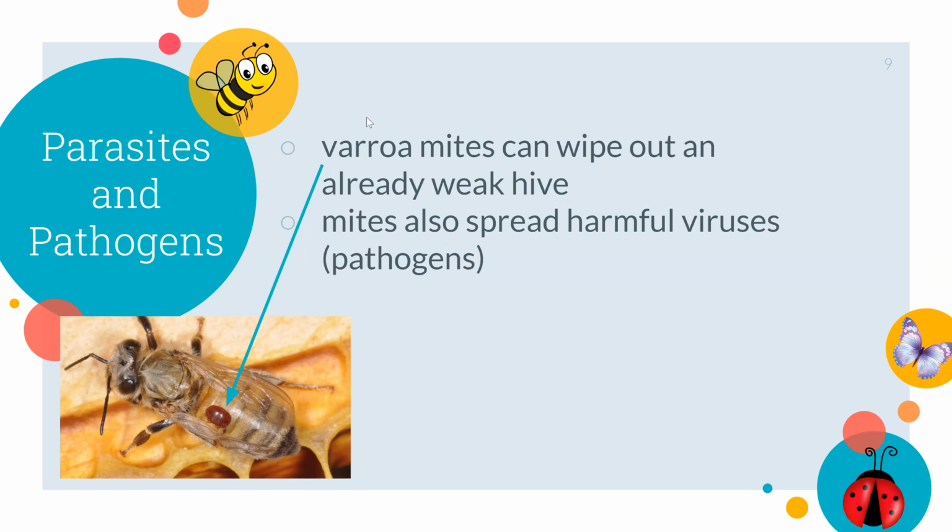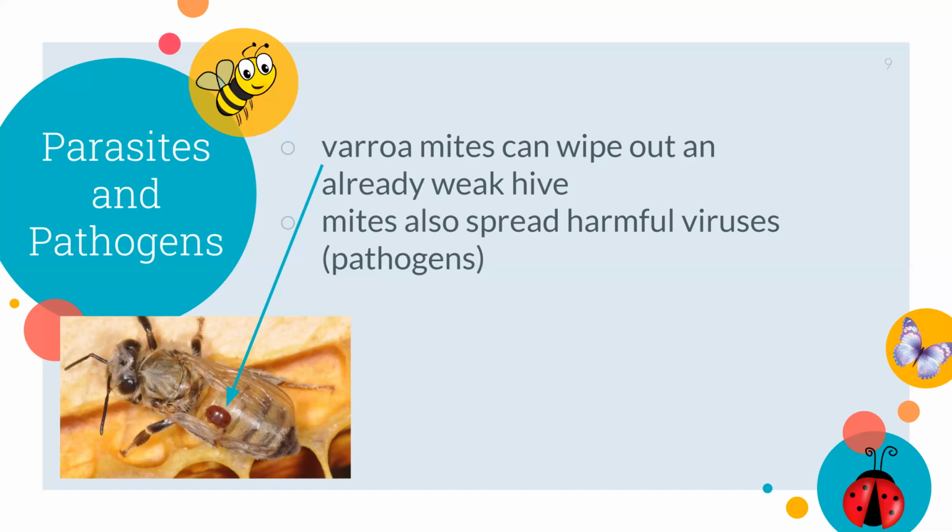So the varroa mite is a parasite of the bee. Imagine you have a honeybee hive. It's already pretty weakened from pesticides and not eating right because of monoculture. If you get a varroa mite infestation, you can definitely wipe out an already weakened hive. You can see that in the little picture, that mite on the bee.